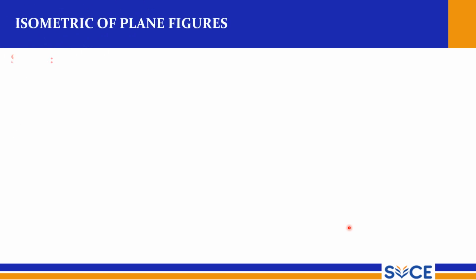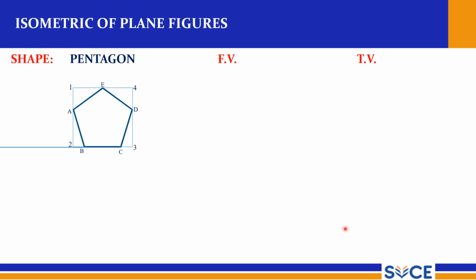For the isometric, same thing; the shape is a pentagon. Draw the pentagon and enclose it within a rectangle. 1 2 3 4 is the rectangle, with 2 as the reference point. Draw that rectangle, and once you complete it, you can mark A B C D E easily. Measure 2A towards 1 and mark A on the same line.